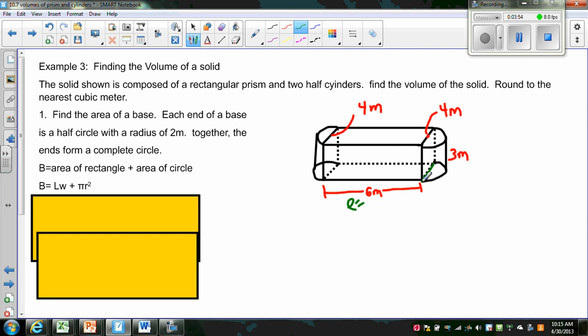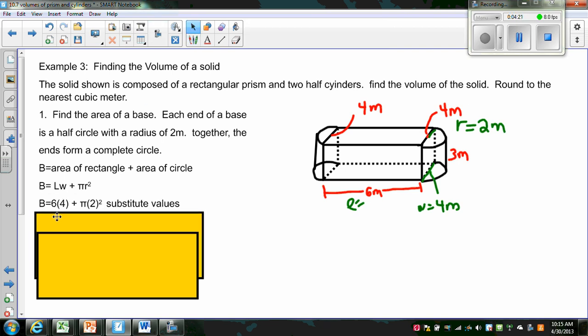And this here would be the other dimension, which is the same as what's above. So it's 4 meters would be our width. For the circle, if the width here is 4 meters and that spans across the circle through the center, then that means our radius from here to here must equal 2 meters because our diameter is 4 meters.